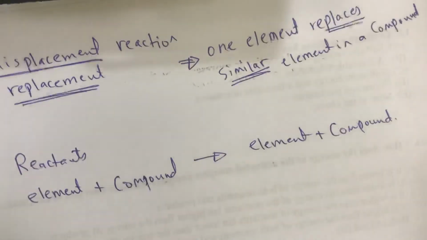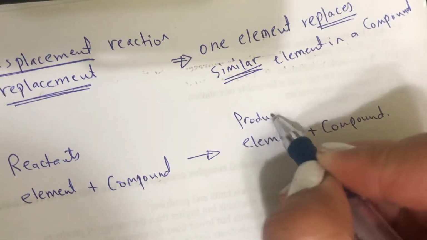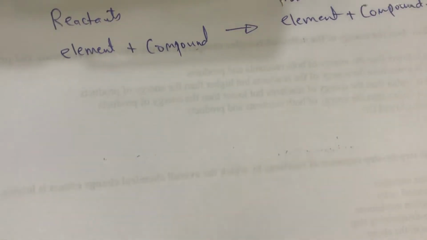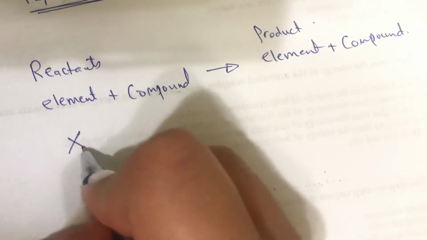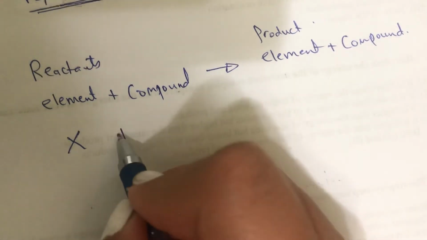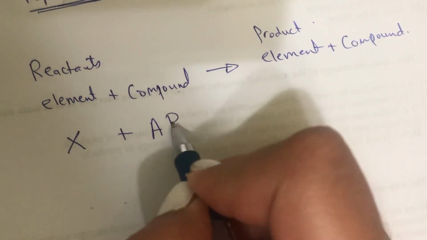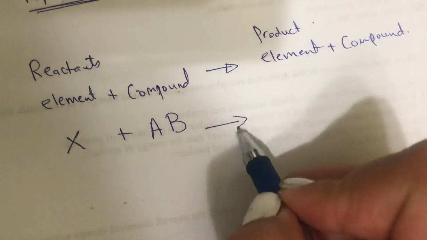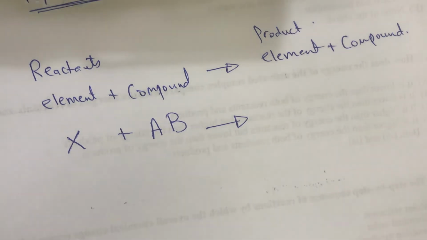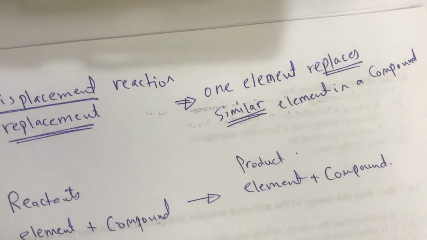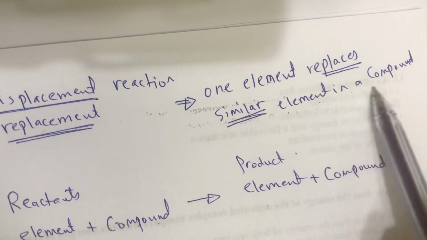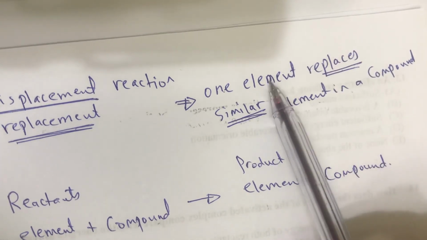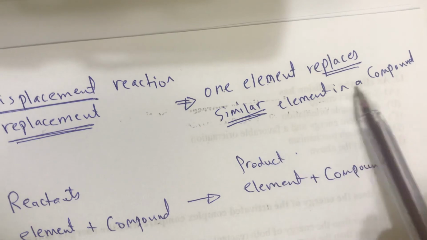Here, for example, an element X and compound AB. What are the products? Here, the rule is one element replaces a similar element in a compound. So if the element is a metal, it replaces the metal in the compound.